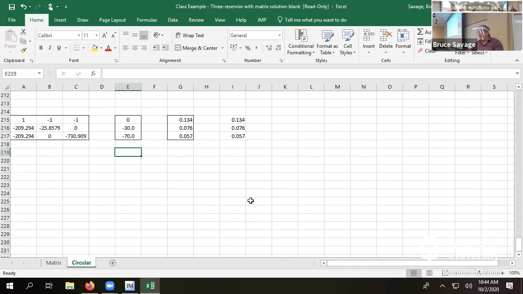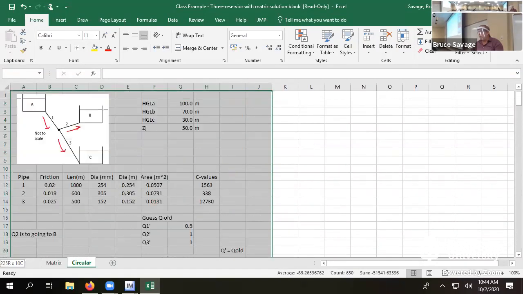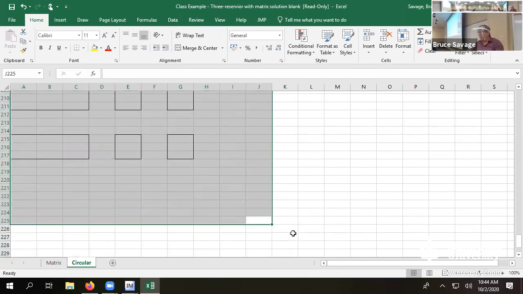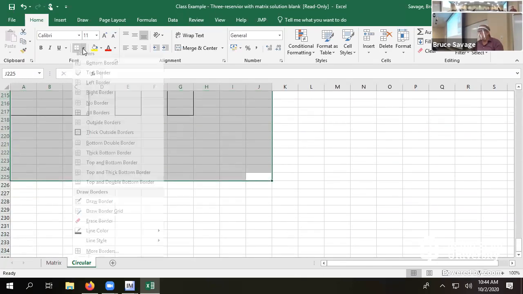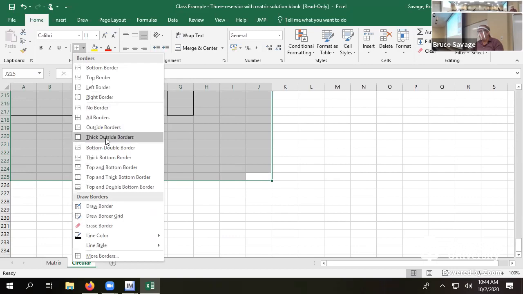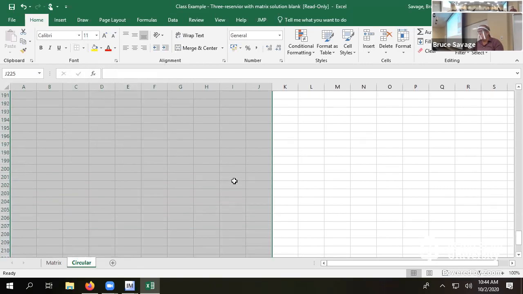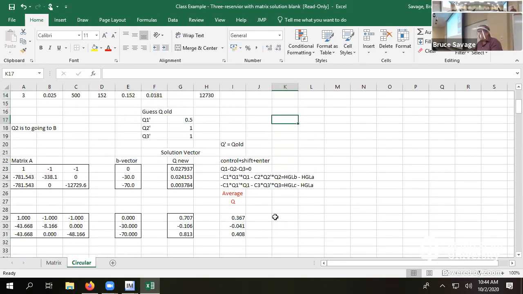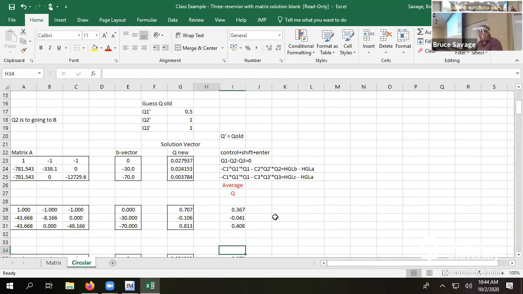So I'm going to come back up here, and I'm going to try and make this a little bit more like computer programming. Let me clean up the spreadsheet here. I could actually simplify this down.